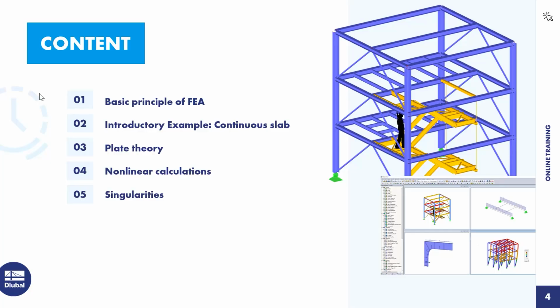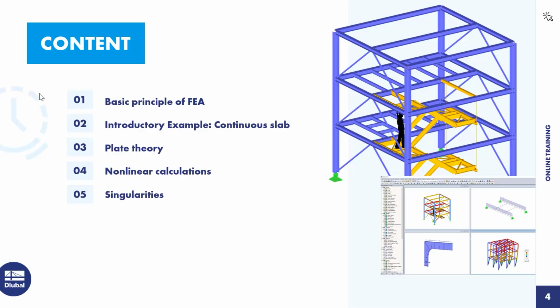Within this finite element analysis, we will go through the basic principles and also explain them with an introductory example, just a continuous slab, which we will model within RFEM 6. In the next step, we will go over the plate theory. In general, all the theory parts within this session won't be too detailed, and are just to keep you informed with the knowledge that helps for understanding the finite element analysis.